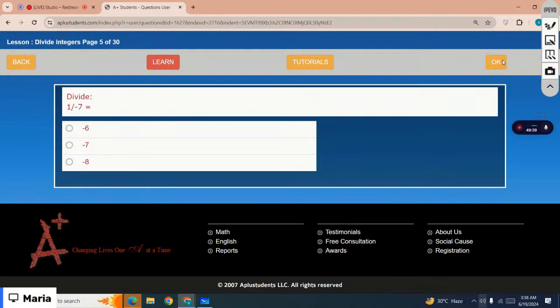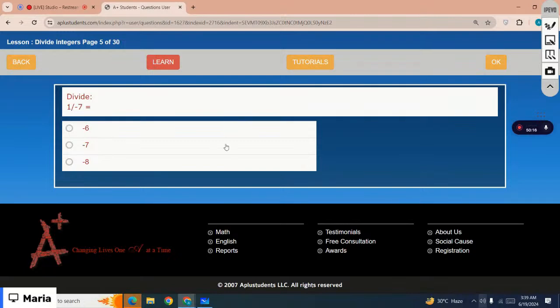7 divided by negative 1, which is the correct option? The correct option is negative 7.